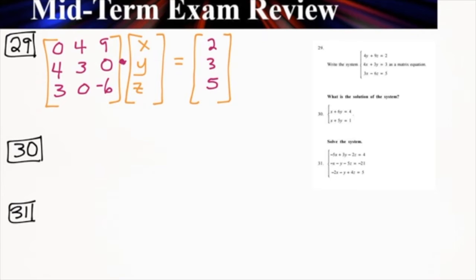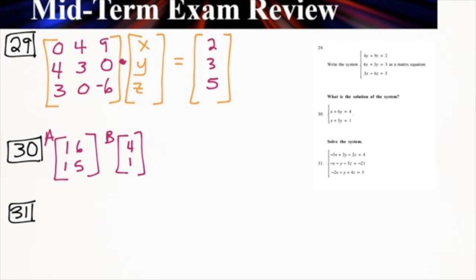All right, now let's just continue doing a matrix for 30, which is a 1, 6, 1, 5 for matrix A. Matrix B would be 4 and 1. You can choose to do substitution or elimination if you want to as well.